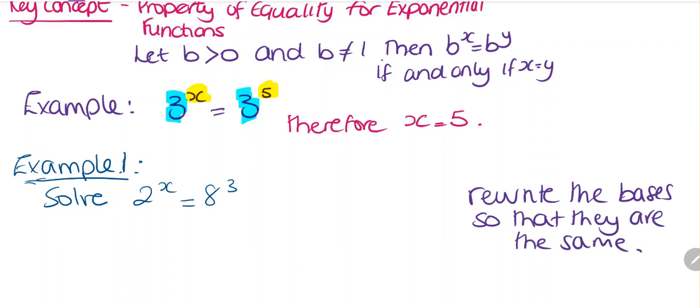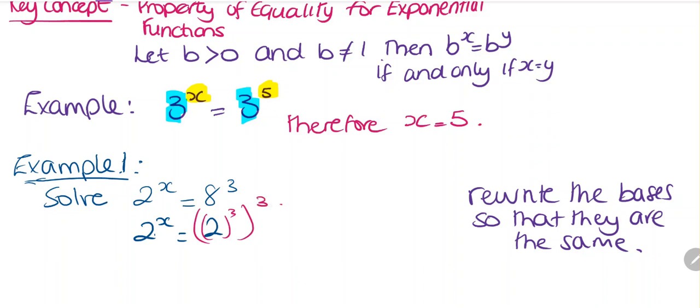So if we look at this, we got 2 to the x, but 8, we can rewrite from a base of 2. So what is going to be the exponential or power, 2 to the what is going to give us 8. So this is going to be 3, and then we can actually cube that.